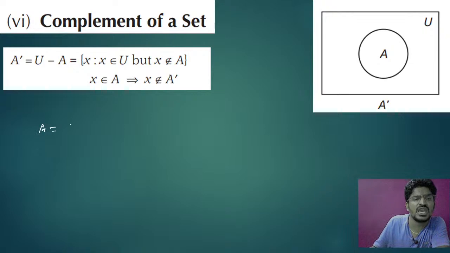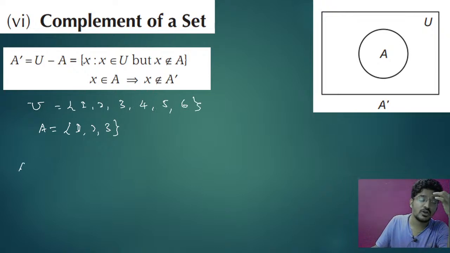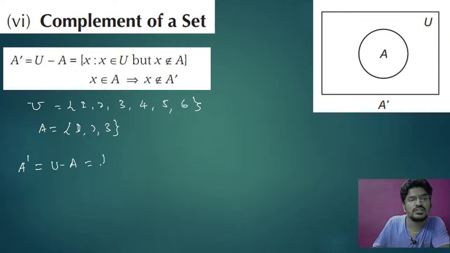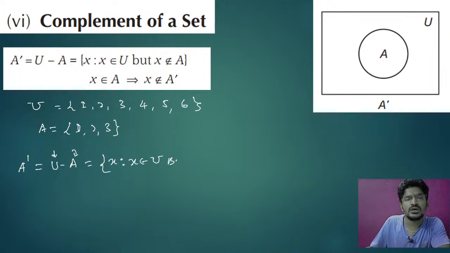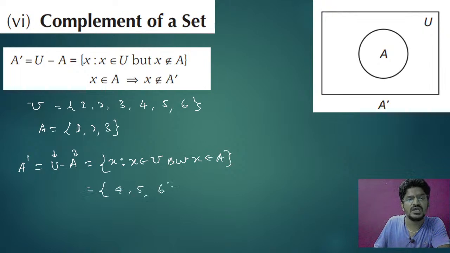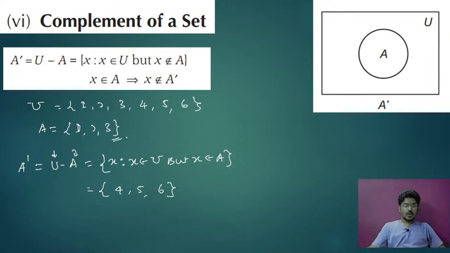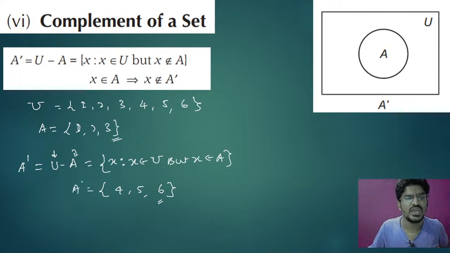See here, if I have A as 1 2 3 and universal set is 1 2 3 4 5 6, and you want to write complement of A, you have to take U minus A. That will be equal to elements present in U but not in A. Elements x such that x is present in U but x is not in A. That means the set of 4 5 6, which are not in A. So it is called A complement.